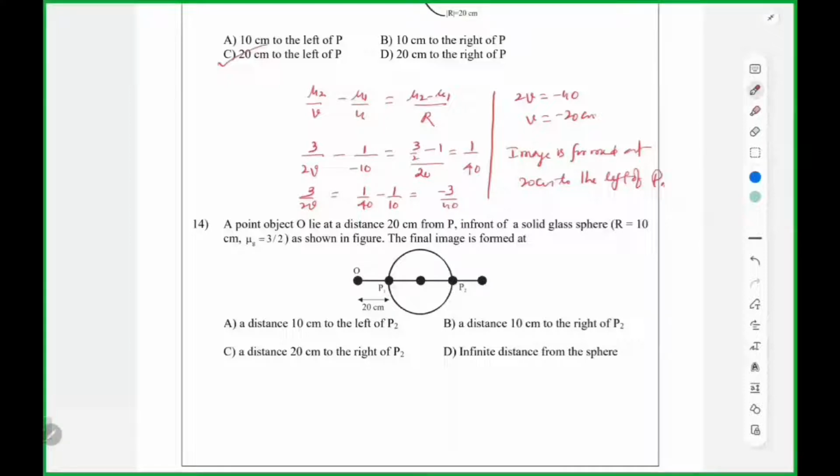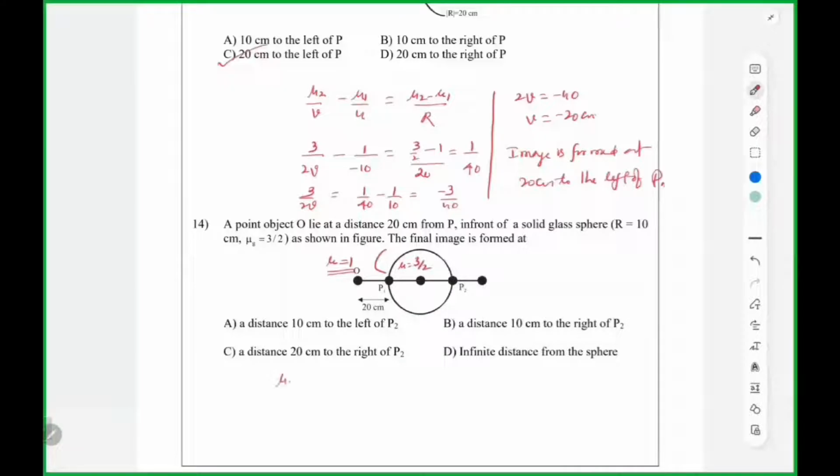So now the object is placed at a distance of 20 centimeters with respect to this refracting surface. The refractive index of air is 1, glass refractive index 3 by 2.